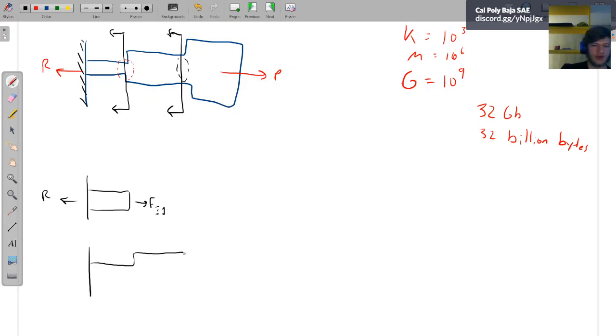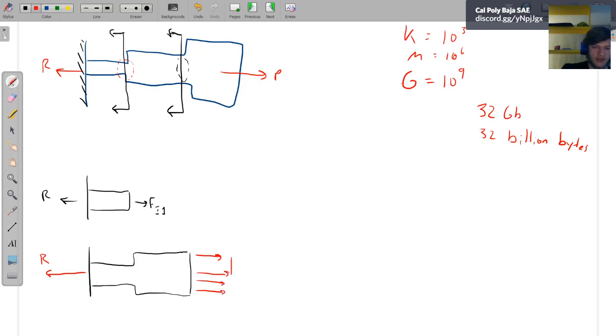So we've got a new cut there. We know R is still the same. And we know that we have to see some stress coming out here.